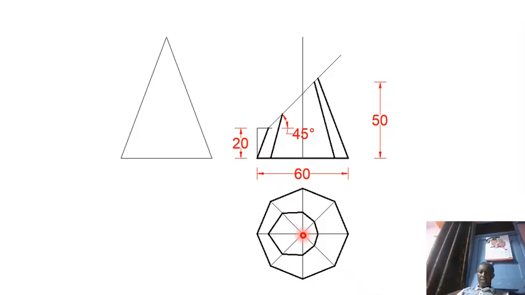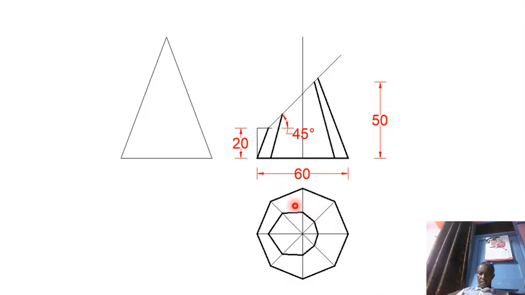With your pair of compass, you can now stretch it to this corner and draw a circle. Then we look at the elements of a pyramid. A pyramid that is octagonal: 1, 2, 3, 4, 5, 6, 7, 8. A pyramid that is octagonal has 8 triangles.